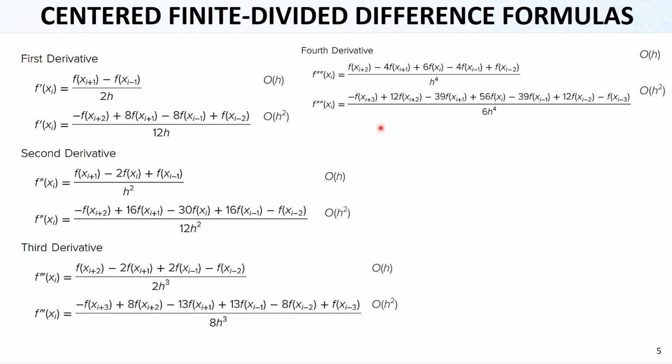You can see that we have further terms, and because it's a centered finite divided difference, the xi is centered, and the other terms increase and decrease symmetrically: i+1, i-1, i+2, i-2, and i+3, i-3. That's why it's called the centered finite divided difference. So you can use all of these derivative formulas to estimate the derivative with a higher accuracy.